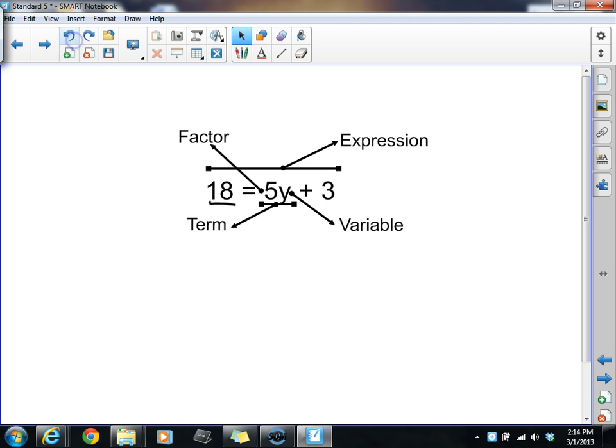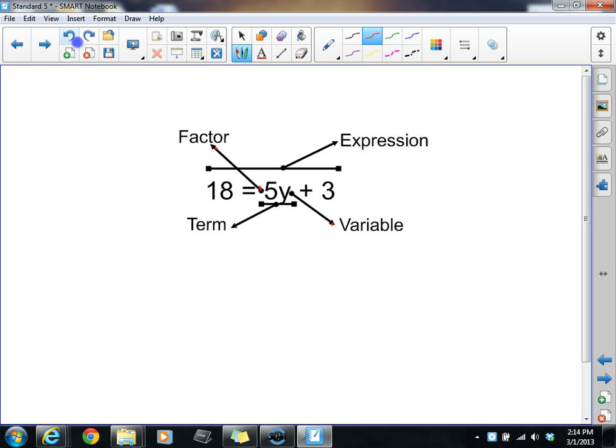Within our expression, within each term, we can have what's called a factor, right there, or we can have a variable. Now, you guys should know what variables are. Variables are the letters that we throw into an expression to represent an unknown quantity, or usually we have to solve for the variable. That's in most cases what we're going to be doing.